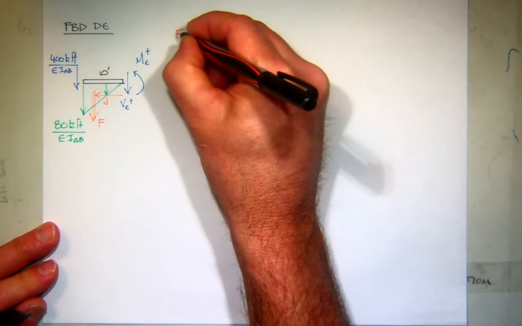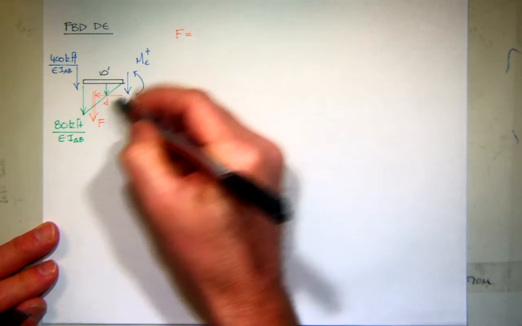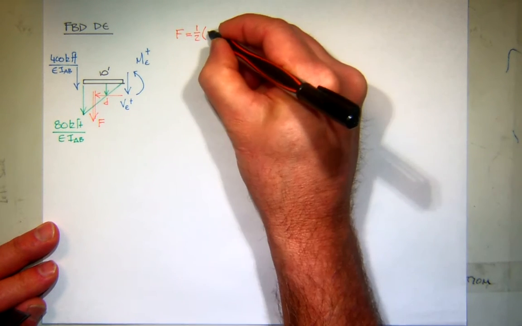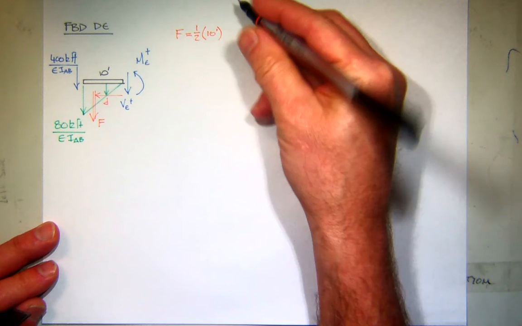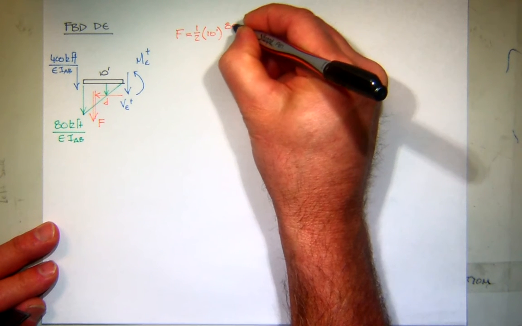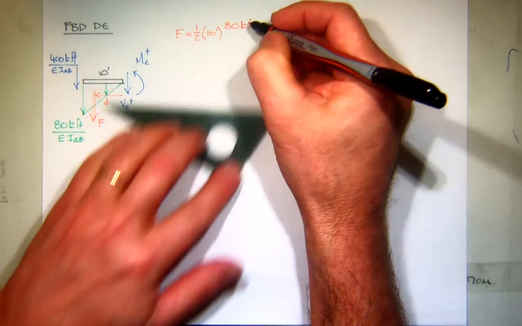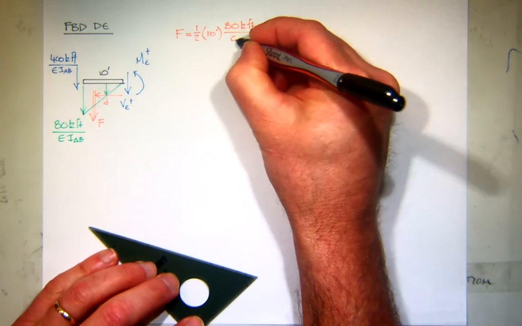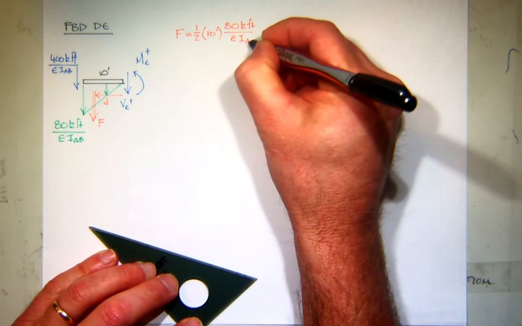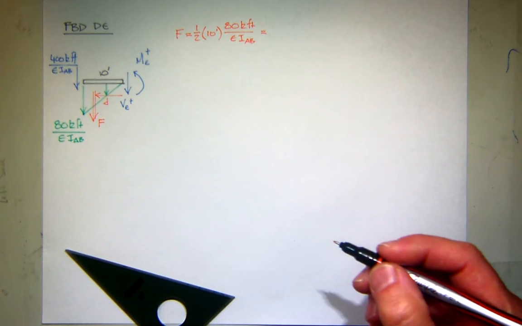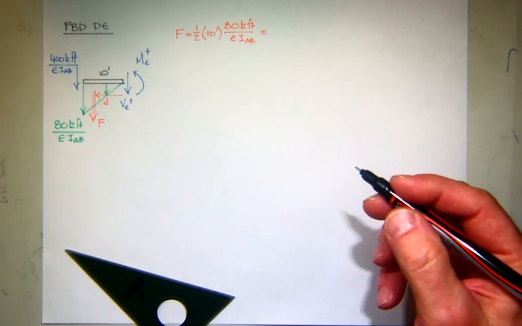What is that force? Well, it's a triangle, so it's going to be 1/2 base, which is 10 feet, times the height, which in our case is 80 kip-feet divided by EI, and that's for AB. So that's going to be what, 400?